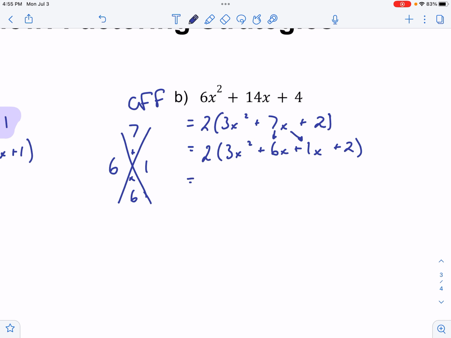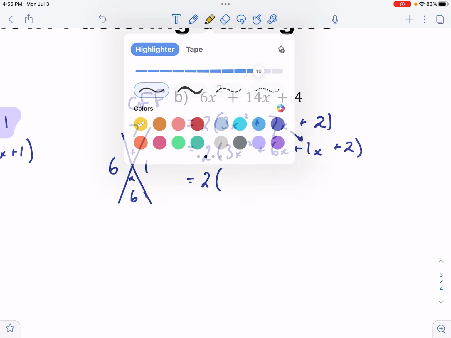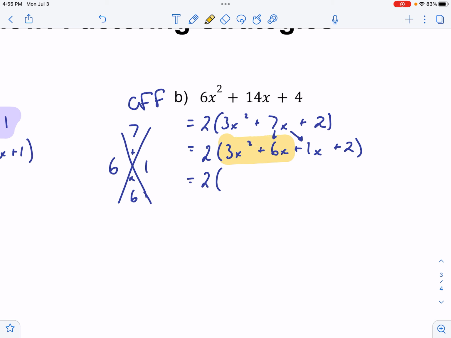I'm going to continue factoring now by grouping. My first group that I'm going to highlight is 3x squared plus 6x. And actually, I'm going to change my first bracket into a square bracket, because now I'm going to have smaller brackets on the inside. So I can common factor 3x squared plus 6x, and I can pull out a 3x, leaving me with x plus 2.